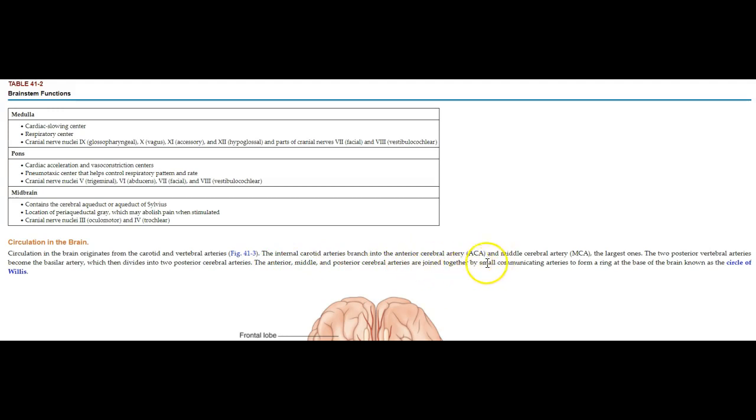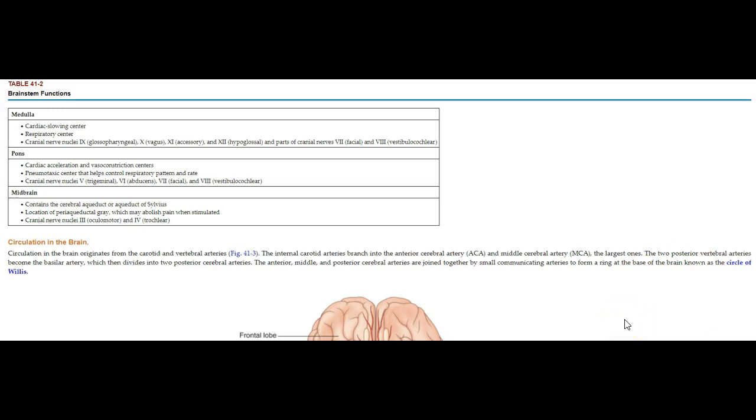You might hear a physician or healthcare provider say ACA, and the middle cerebral artery, MCA. Very important to know. Of course, these are the largest arteries too. I want you to know that. Please keep reading on, and let's keep going.